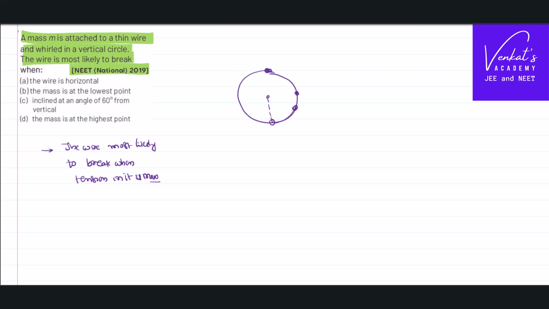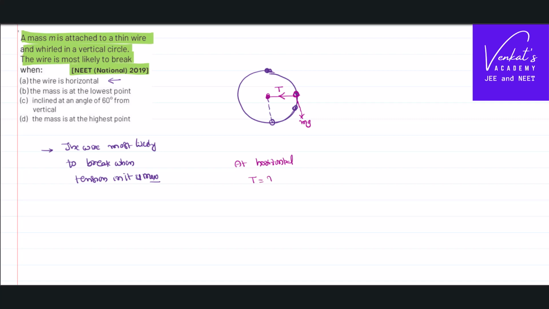Let us first consider when the wire is at horizontal. This is the case. Here, what are the forces acting? Its weight mg is acting downwards. Tension always acts towards the point of suspension. Being a body in a vertical circle, at the horizontal position the only force acting towards the center is tension.